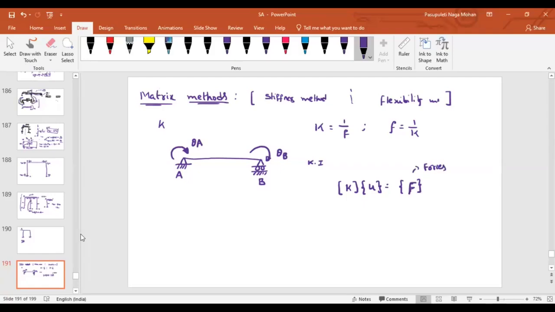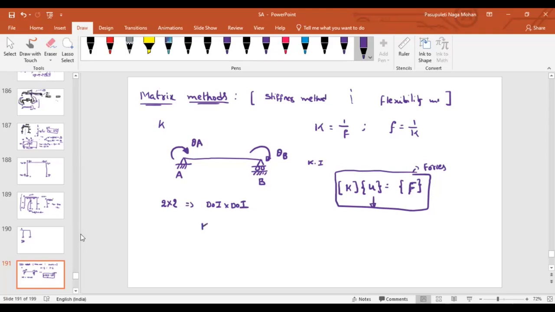So whenever you want to find the unknown displacements by the stiffness method, you can use this matrix formation and then get the required unknowns. In this case, as you have 2 unknowns, your matrix size will be 2 by 2. Or you can imagine it as degrees of freedom times degrees of freedom. If you have 2 degrees of freedom, your stiffness matrix will be 2 by 2. If you have 3 degrees of freedom, your stiffness matrix will be 3 by 3. It depends on the number of unknowns.